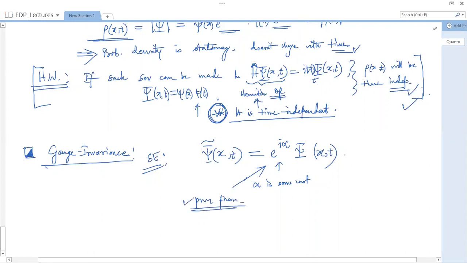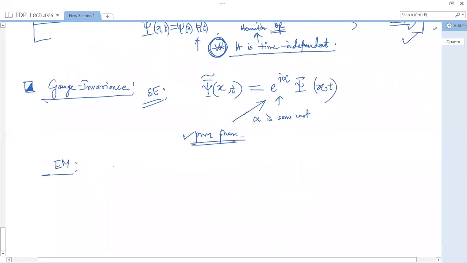Then we cannot distinguish between psi of x, t and psi tilde of x, t; both give the same physical properties. These are just related by a gauge transformation. You know about gauge transformation in electromagnetism, right? Like the simple electrostatic potential.